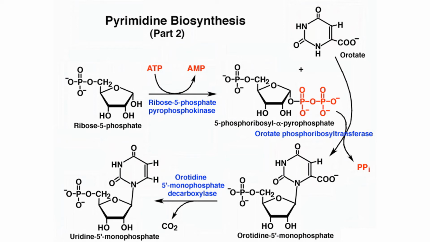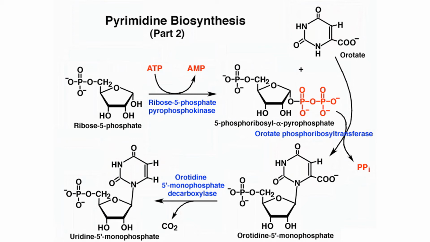And the first thing that has to occur to make this thermodynamically favorable is the ribose ring is phosphorylated. So we're starting with ribose 5-phosphate, and we need ATP and ribose 5-phosphate pyrophosphokinase.